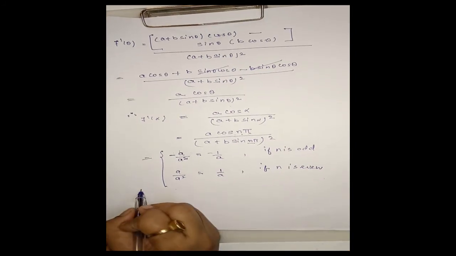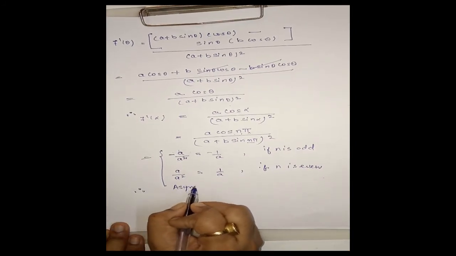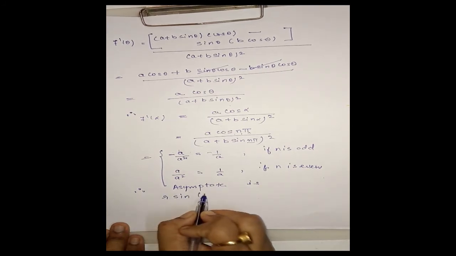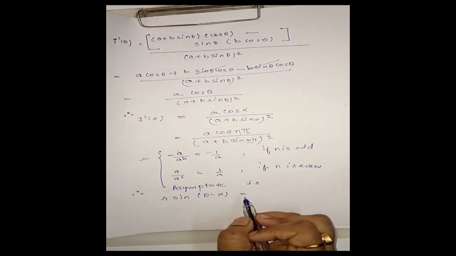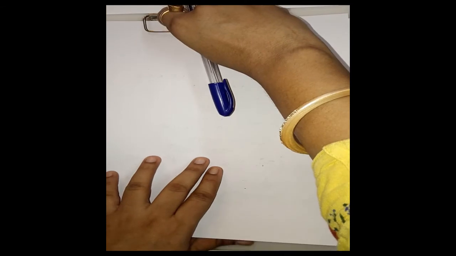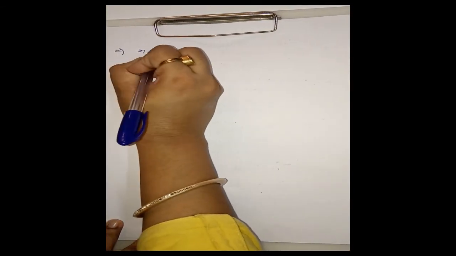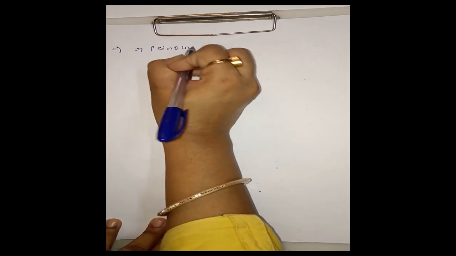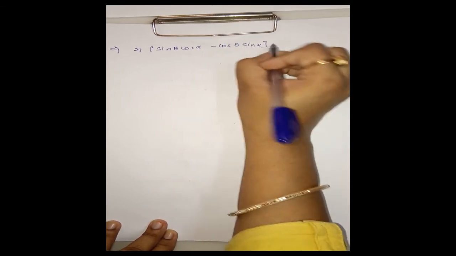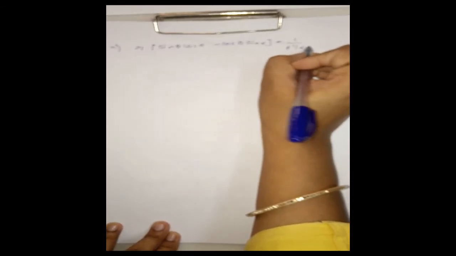Therefore the asymptote is r sin theta minus alpha is equal to 1 upon f dash alpha. Now this can be written as r sin theta cos alpha minus cos theta sin alpha is equal to 1 upon f dash alpha.